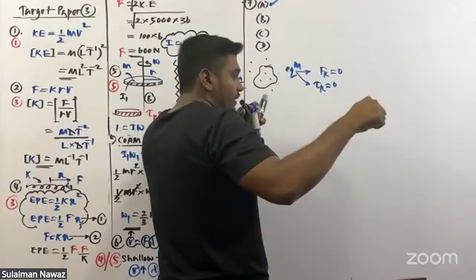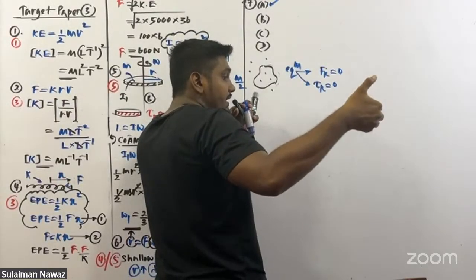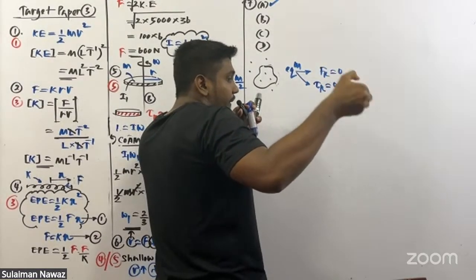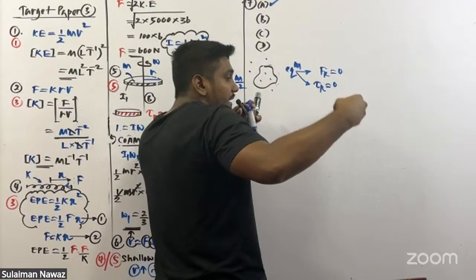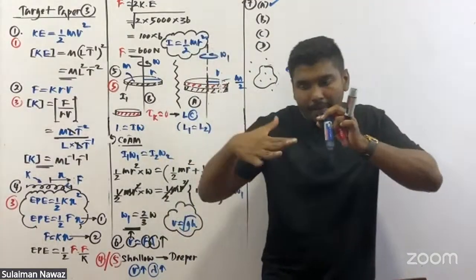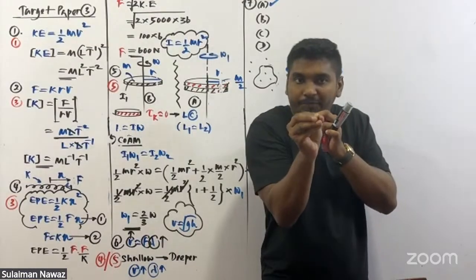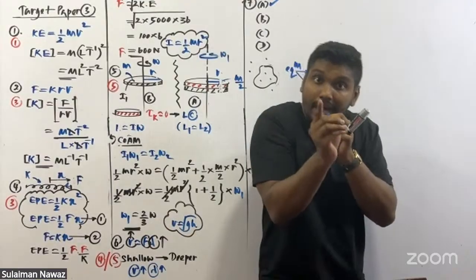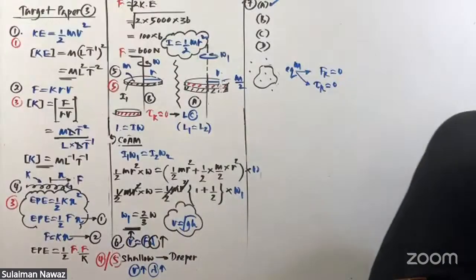Now they are talking about an object. In the question, they are specifically telling that an object is in equilibrium under the influence of 3 forces. Remember, I taught you when I was explaining moment of forces, when you consider an object's equilibrium under 3 coplanar forces, there are 2 possible equilibrium states.